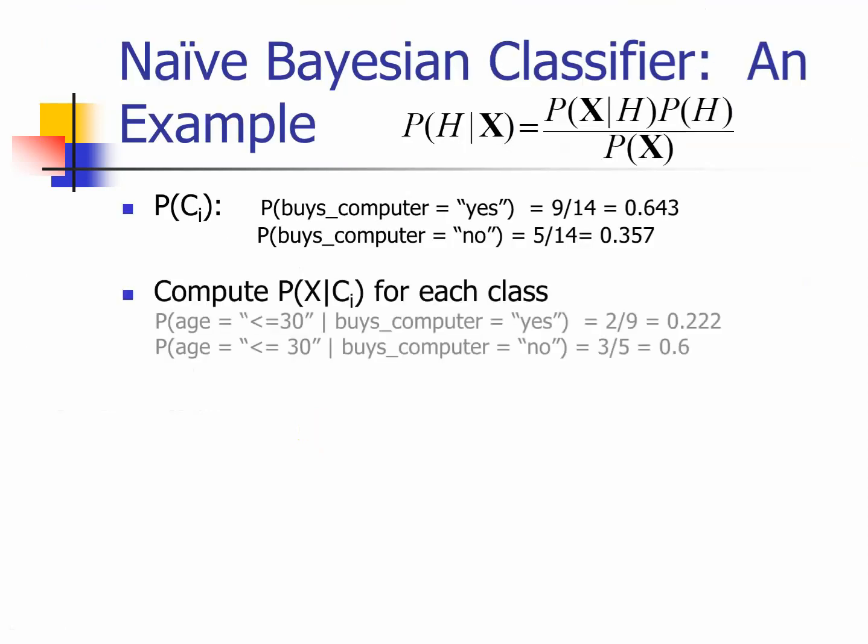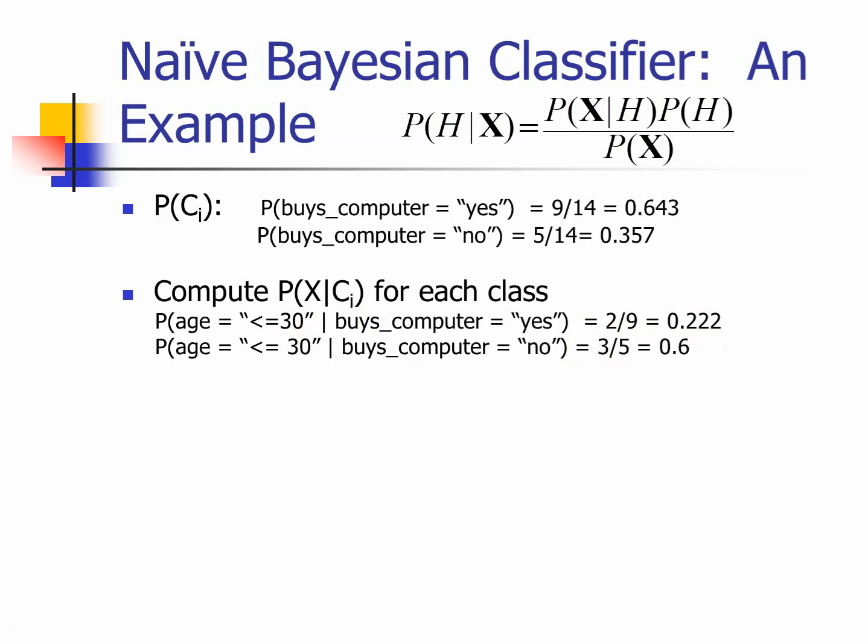But when we put that into the conditions over here, you can see this. If this is the only attribute that we care about, there are 9 cases that are buying the computer, and 2 of them are in this category. So the probability is actually very low, only 22% for age less or equal to 30 among those buying the computer.